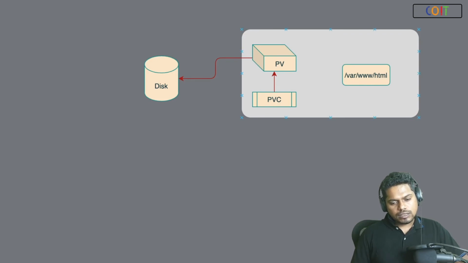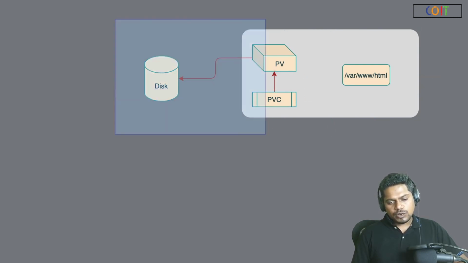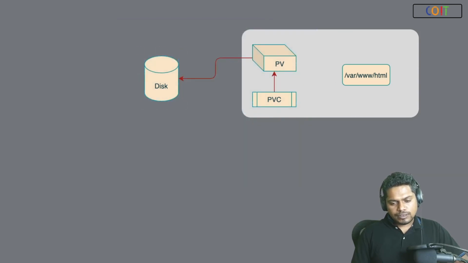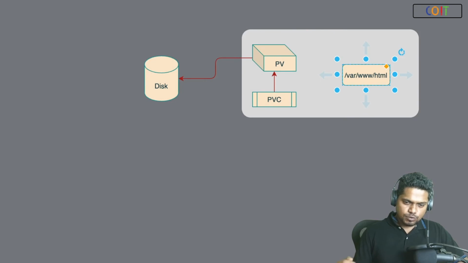That's how your application will get access to this disk. Right now, the PVC is there in the Kubernetes cluster, and this is an independent unit. Now you want your application to automatically get the disk from the PVC. That's what you want to do next.